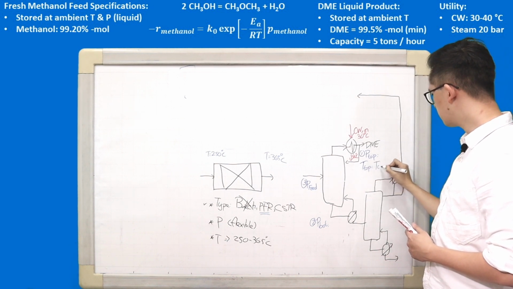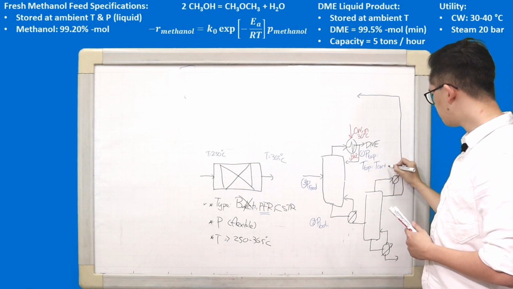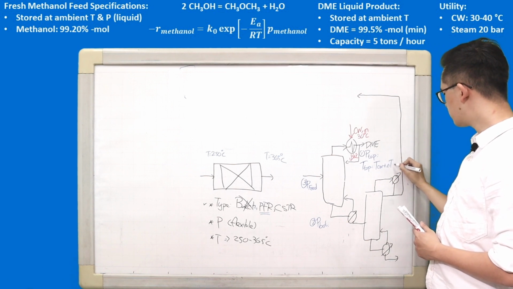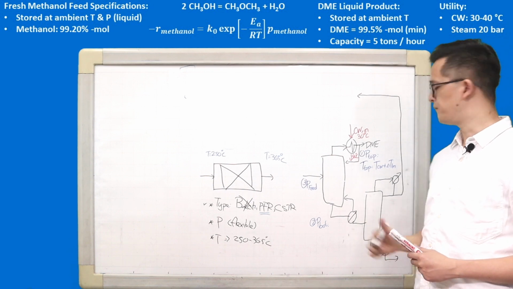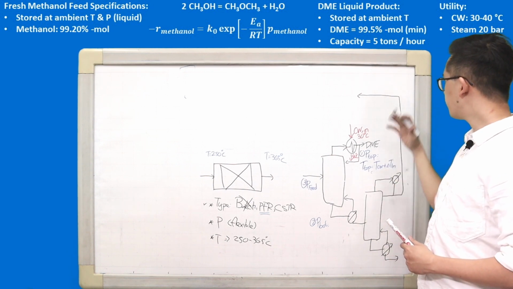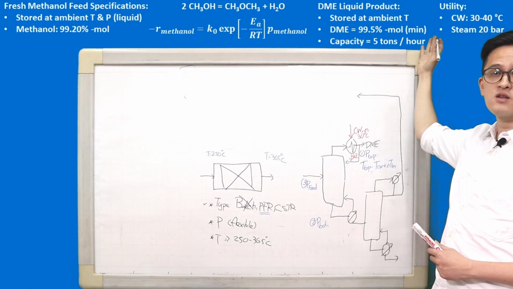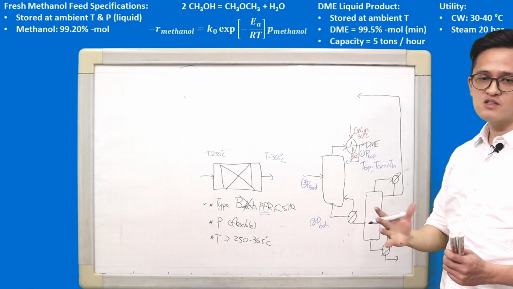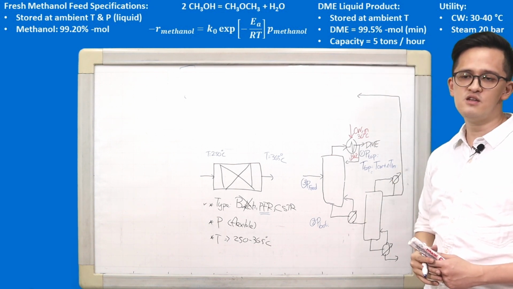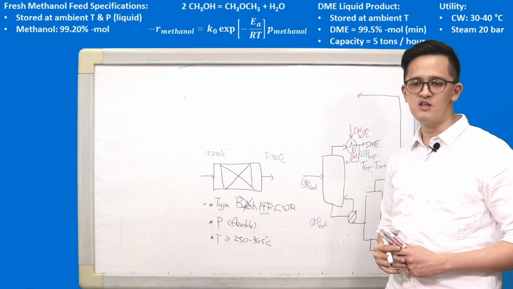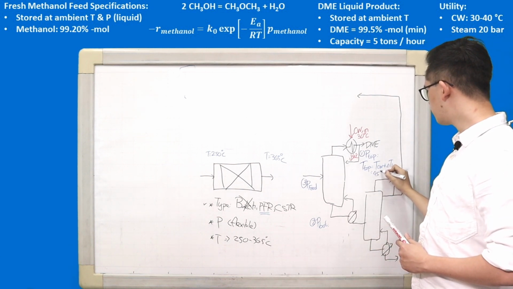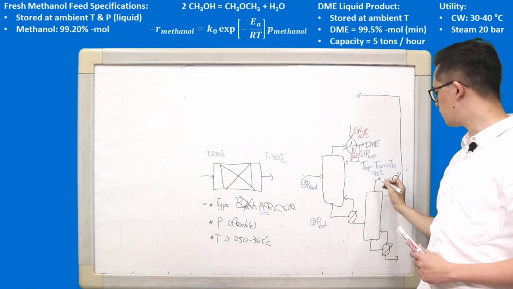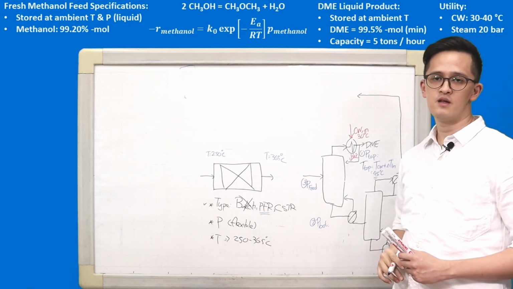So that's the temperature of your cooling water plus extra tolerance for the heat exchanger, the log mean temperature difference, for example. In this case, we already provide you the information that the cooling water will enter at 30 degrees C. So let's say we want to give 15 degrees C for the delta T at the heat exchanger, so that we know the top temperature for our first distillation column will be around 45 degrees C. Okay?